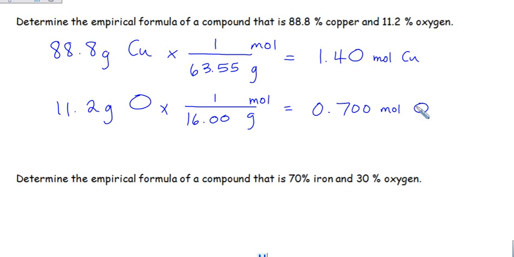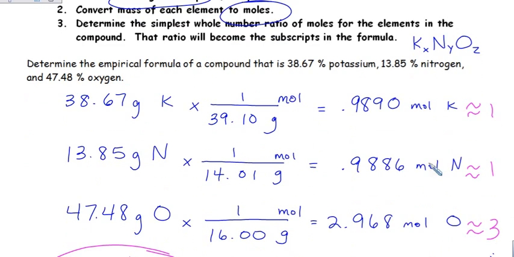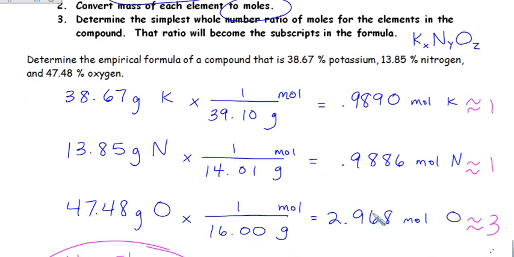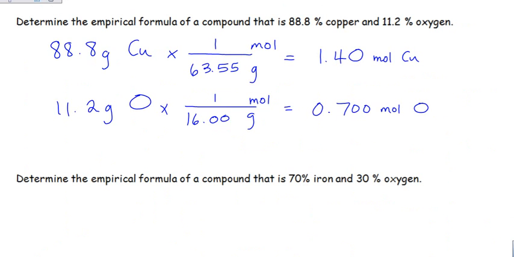So in the last one, we ended up with whole numbers right away. Or they were at least really close to whole numbers, and we could round. I mean, we got like 0.9898, 2.9. This is close enough to round to the nearest whole number. Not the case over here. These are not whole numbers, and they're not close enough to round.